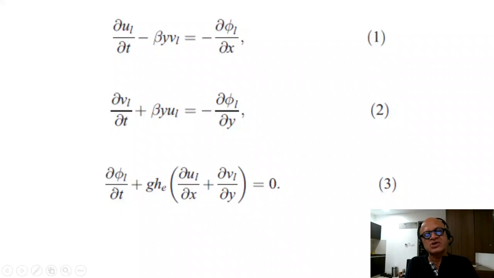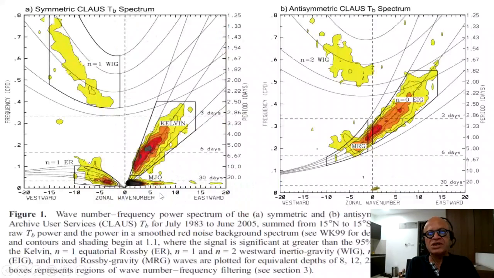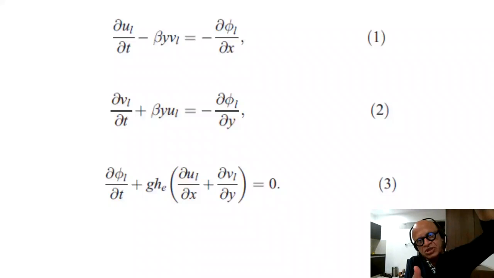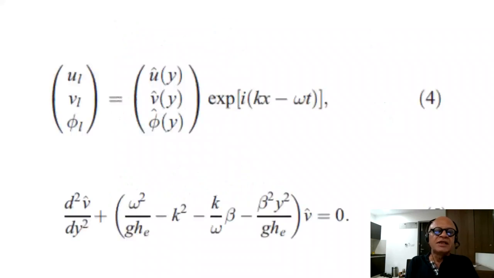So the acceleration term of the geopotential height is related to g times he, which is the equivalent depth that we mentioned here, and the horizontal divergence. So based on the horizontal divergence and convergence, there is a change in the geopotential height in the vertical because there is vertical motion. So this simple system then is solved using the waveform like this.